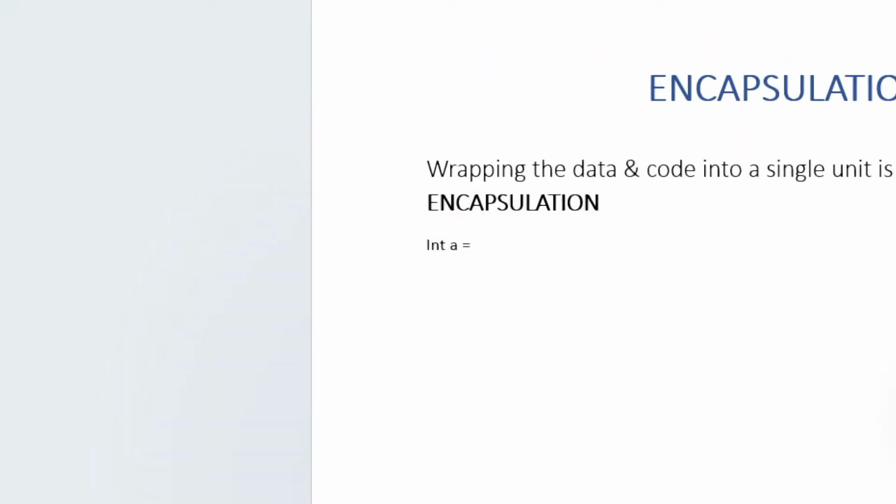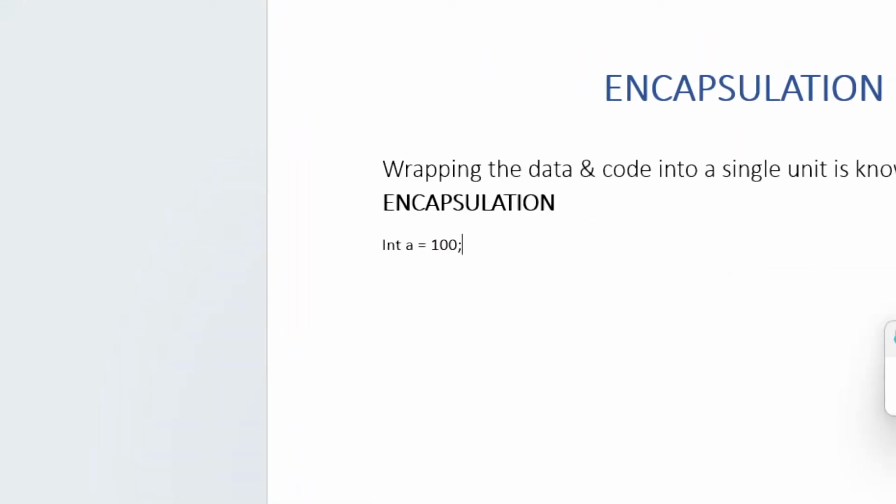Int a equal to 100. It is a data, right? In my Java program, it is one type of data. It is an integer type data. Please respond, guys. Is it data regarding a class or not?